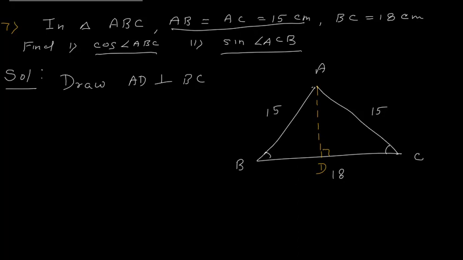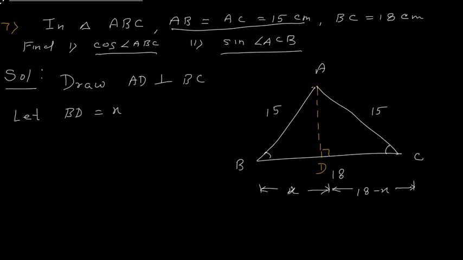Now I have to find the value of BD and AD. So we say let this BD be X. Now BD is X, this half part is X. So what do you say about this CD? This CD will become 18 minus X, right? As this total length BC is 18.